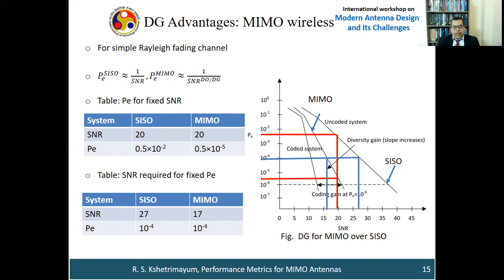The diversity gain or the diversity order actually decides the slope of the probability of error versus SNR curve. But because of the improvement in the diversity gain of the MIMO system over that of the SISO system, there is an SNR improvement. This SNR gain is actually called array gain.